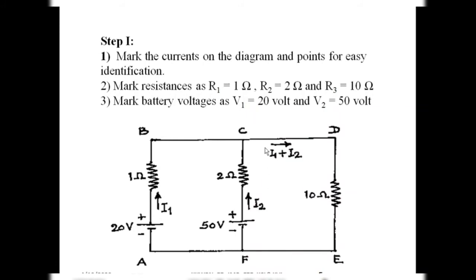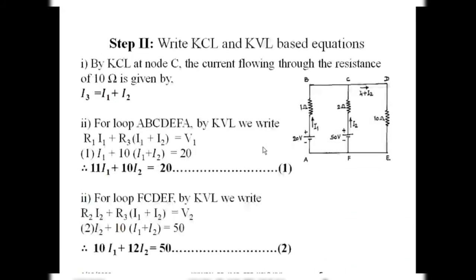Now we will move to the next step, that is step number 2. Here we have to write the KCL and KVL based equations. We have already seen the statement of KCL. Now we have to apply that statement for this circuit diagram, and we are taking the node as C. So apply this statement of KCL at the node C. The node C will have two incoming currents.